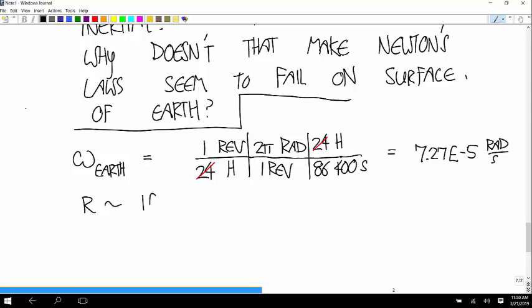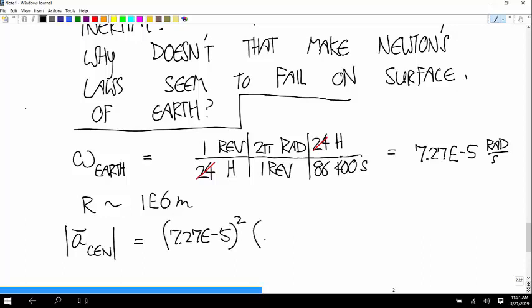But the centripetal acceleration magnitude then is 7.27 times 10 to the minus 5 squared times 1 times 10 to the 6th.